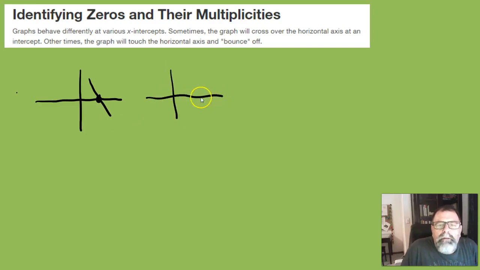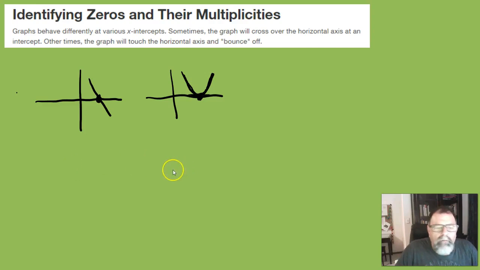Sometimes I can have a graph where I approach it, and I have the turning point. I just touch it, then turn around and bounce back. So this will be coming down, hit the x-axis, and then bounce back, right? So the multiplicity of that x-intercept will tell us the behavior, and we'll get into that.